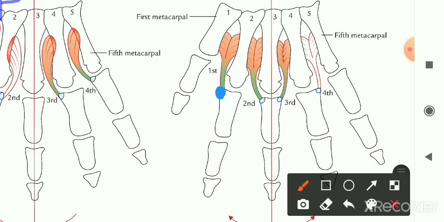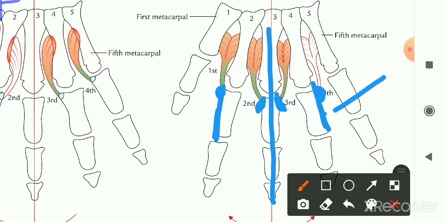In the middle finger, they are inserted on each side, medially and laterally, so the middle finger will be fixed. But the first and fourth dorsal interossei are inserted on the lateral aspect of the base of the proximal phalanx, so these muscles will turn the fingers away from the midline. So there will be abduction.